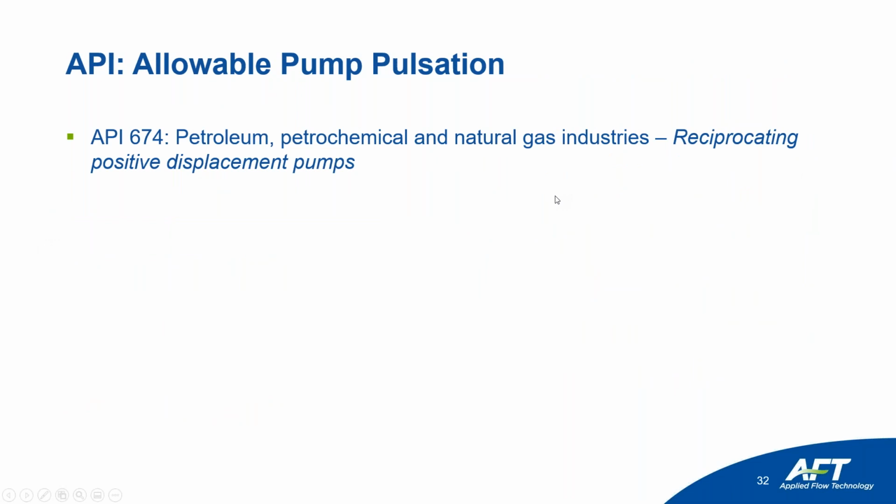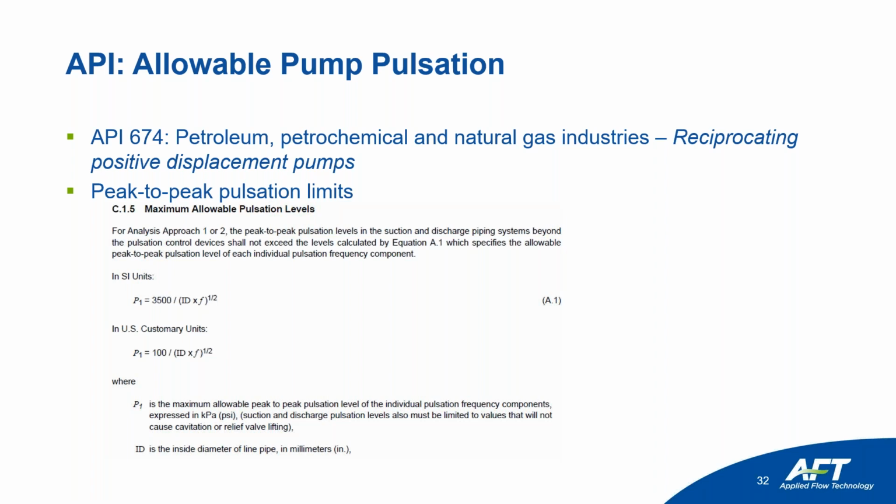API 674 is petrochemical and natural gas industry reciprocating and displacement pumps. It has an allowable peak-to-peak pulsation limit, which is this equation here. For international metric units, it would be 100 divided by the square root of the internal diameter times the frequency.